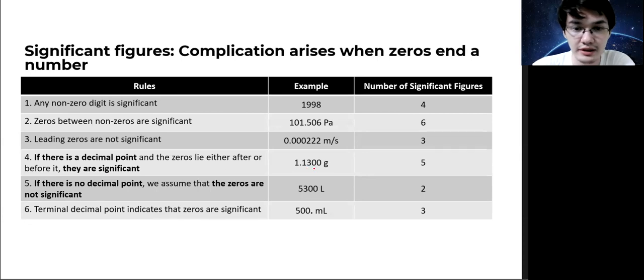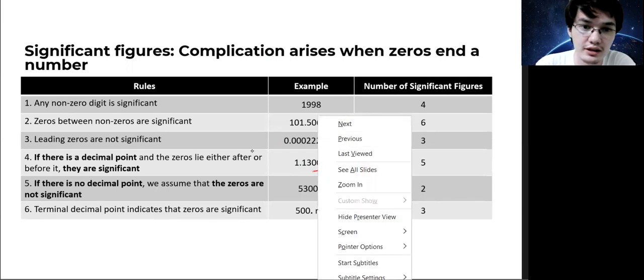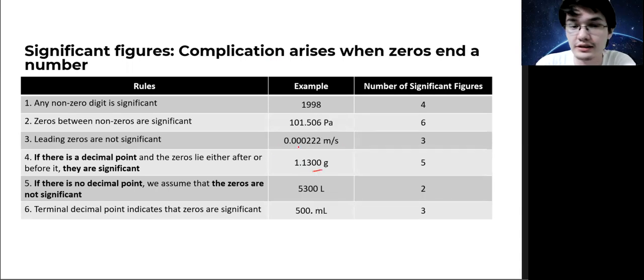And the appropriate example for it would be 1.1300. So the zeros here are significant since they are located after the decimal.